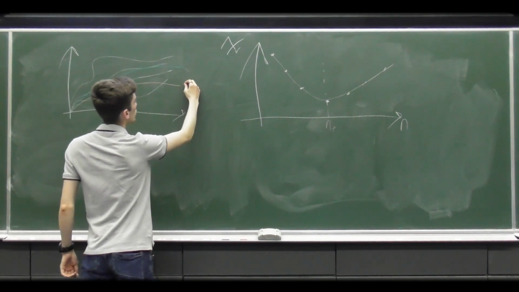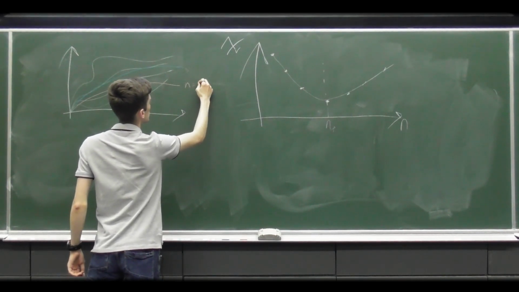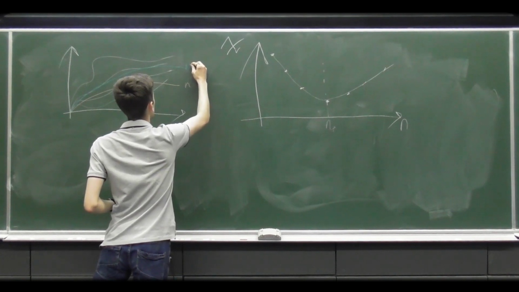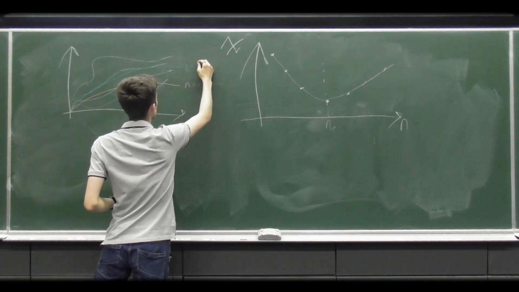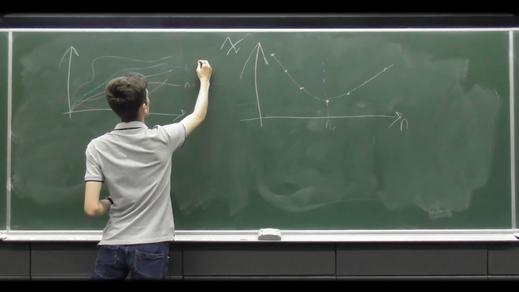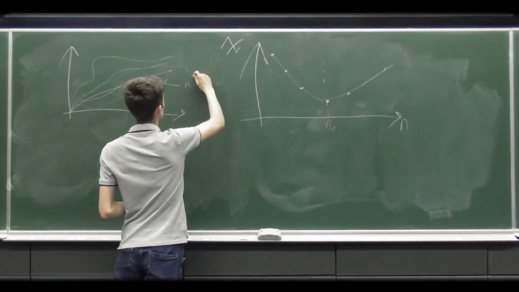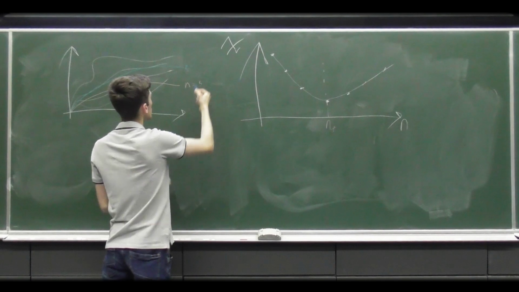So say we have one line n equal to 1 and another line where n is equal to 5, versus n equal to 5 and 1.